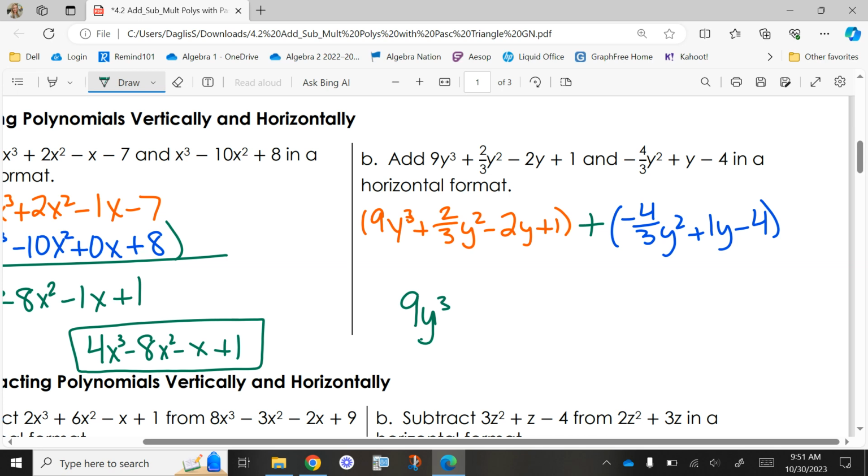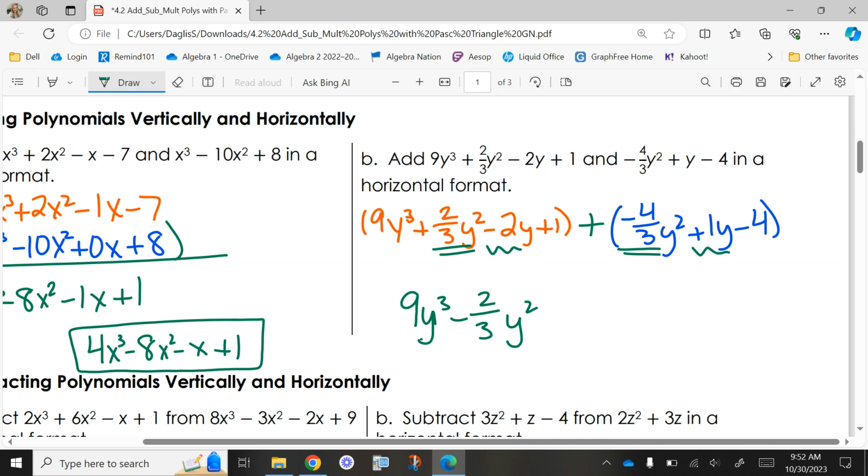All right, how many pieces have y to the power of 2? There's 2 of them. I have 2/3 and I have negative 4/3. Well, that's nice. They have the same denominator. So I can do 2 minus 4, which gives me negative 2/3 y squared. And how many pieces have just a y? 2 of them. I have negative 2y, positive 1.